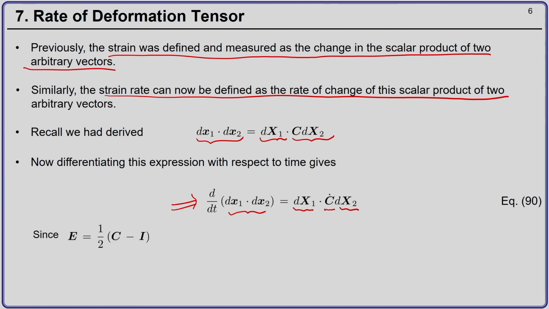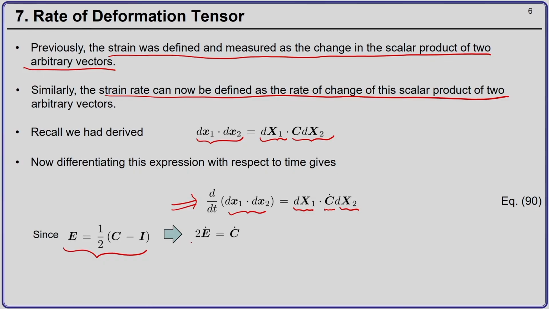Now, we know that the Green Lagrange strain tensor E is 1 by 2 (C minus I). Which means that if I take the material time derivative of the Green Lagrange strain tensor, I can write 2 E dot is equal to C dot.